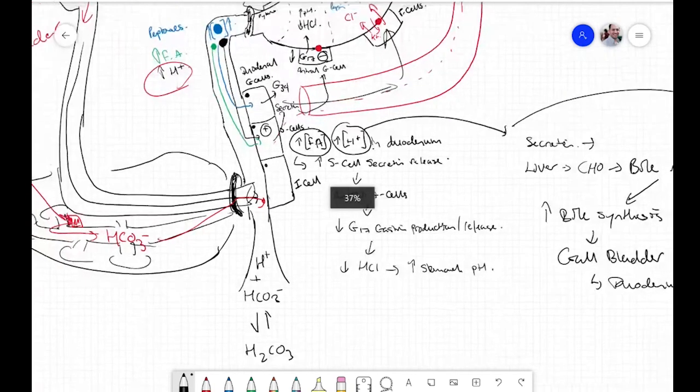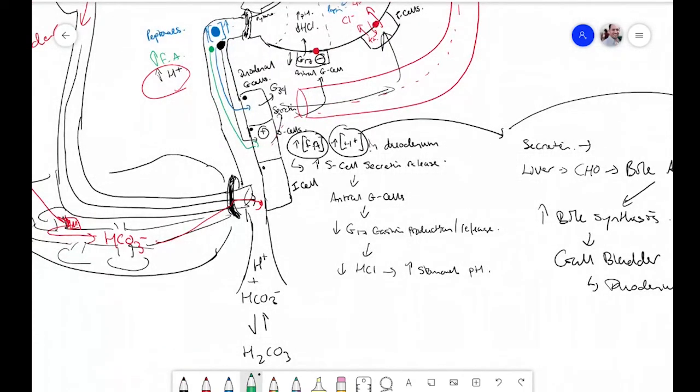Where are we? So fatty acids, to peptones, and also, one that we haven't talked about yet, but I do fear that I'm running out of the colours, glucose.